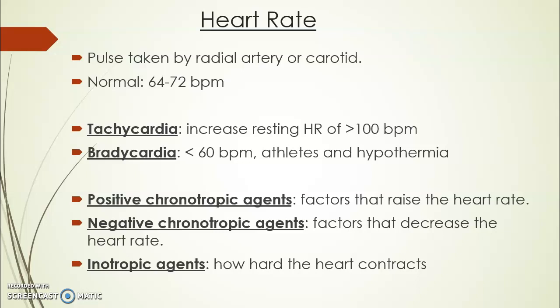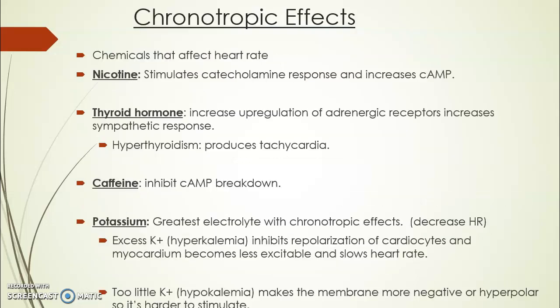Whereas inotropic agents are going to control how hard the heart beats or how hard the contraction of the heart is going to occur. Now, obviously, those are going to be more calcium agents or potassium agents that are going to affect how hard the contraction is going to be.